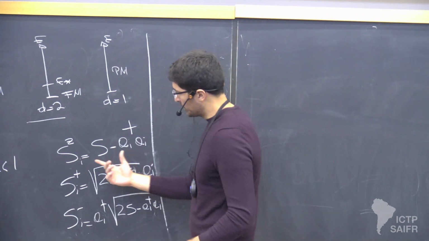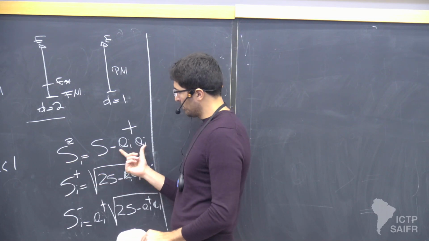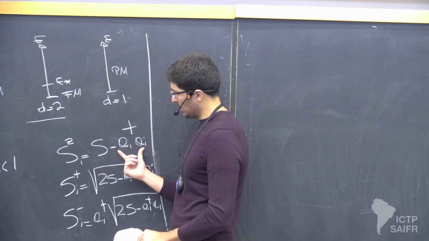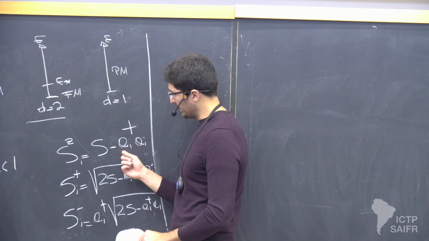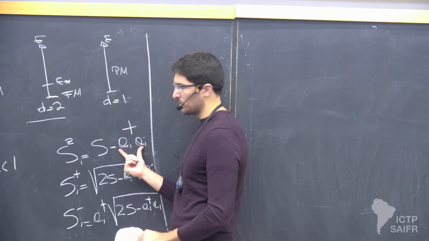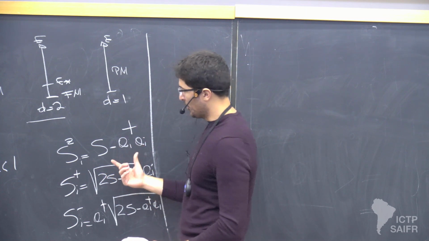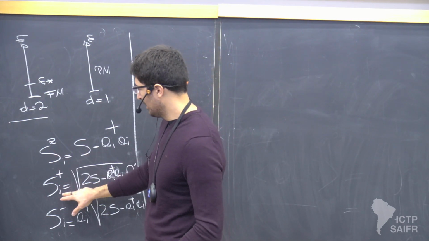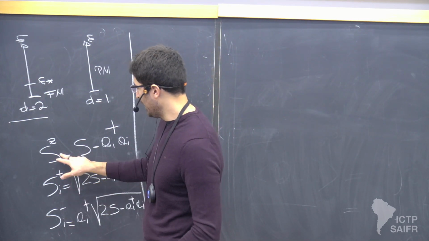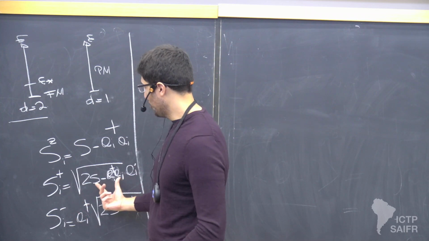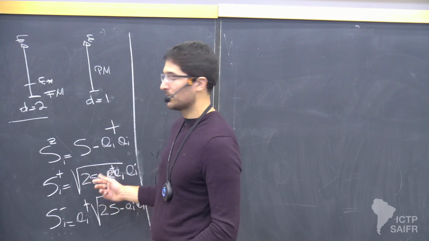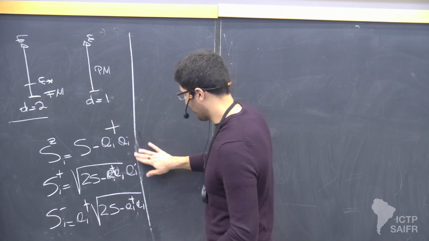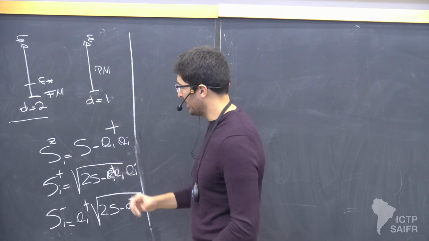So here in each site, I replace the spin operators by bosonic degrees of freedom. These have the canonical bosonic commutation relations. You can convince yourself that if you apply the usual spin operator commutation relations, you will find the usual results in terms of bosonic operators.